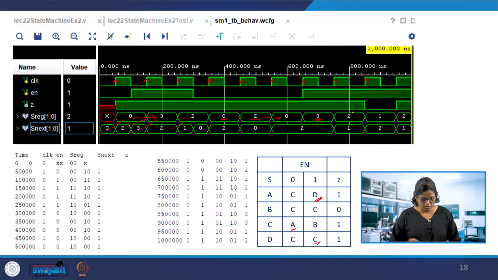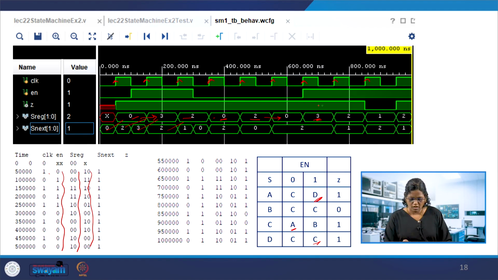The console also gives the outputs, how the state SREG is moving with respect to the enable, and also the S next movement. So Z is 1 in these cases, because it is moving between only these states. At the SREG where the output is 0, the output is 0 in this clock pulse, for the total duration of the clock.